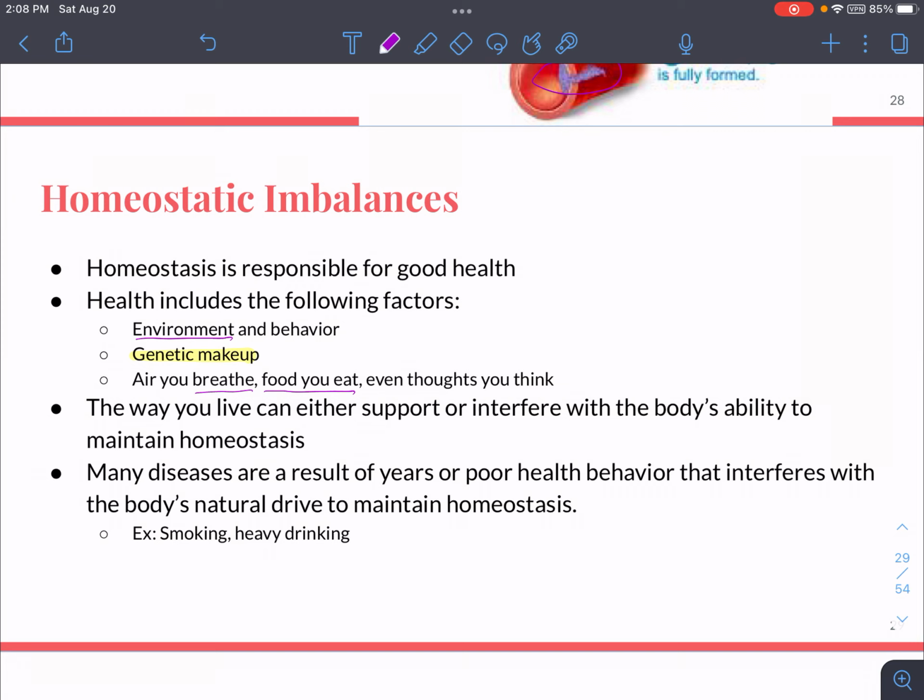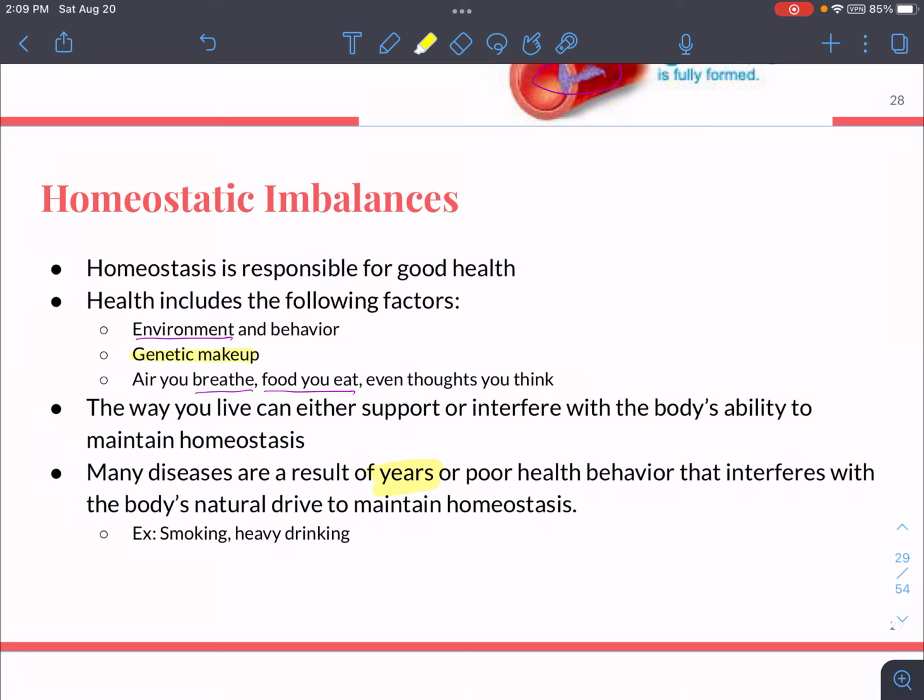So if you think about it, a lot of diseases are a result of years of poor health and behavior. It's not just one thing, it's many years of the same kinds of behaviors that can cause all kinds of different diseases because it interferes with the body's ability to maintain that homeostasis.